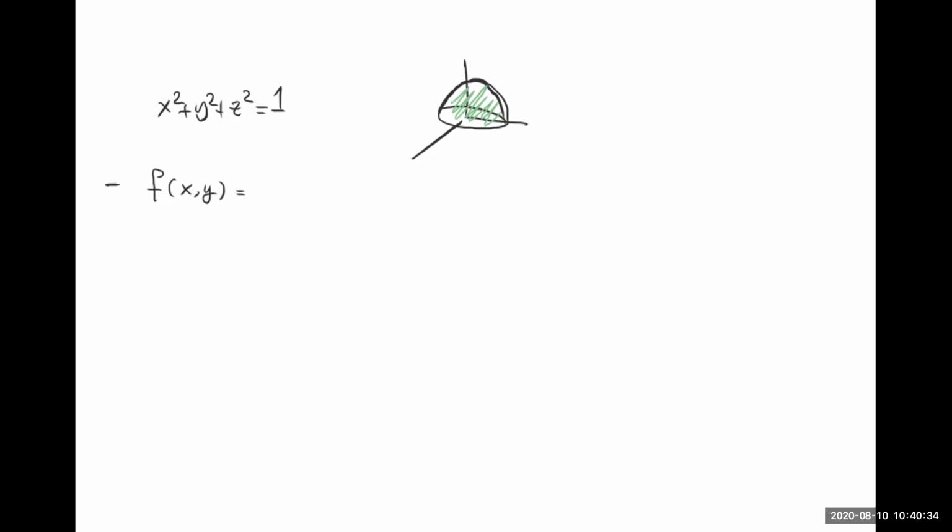So let z be equal to f of x and y. What would that be? Well, z squared is 1 minus x squared minus y squared. So z would be plus or minus square root of 1 minus x squared minus y squared. Therefore, we are taking the positive one. It would be square root of 1 minus x squared minus y squared.